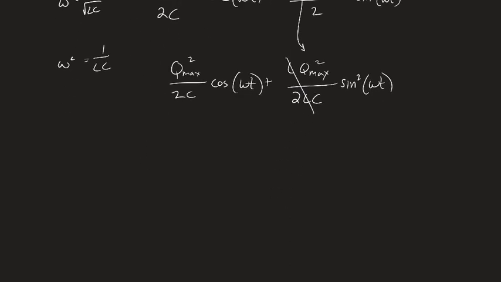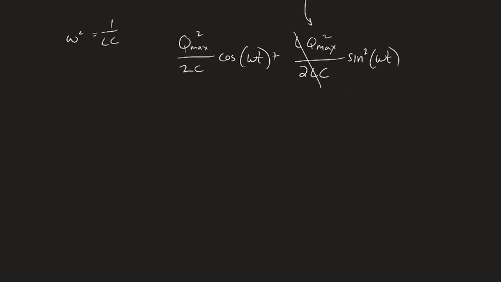Now, don't pack up. I earned this time. Q max squared over 2C can be factored out, leaving you with cosine squared omega t plus sine squared omega t. And you're supposed to know that the sum of cosine squared and sine squared is equal to 1.